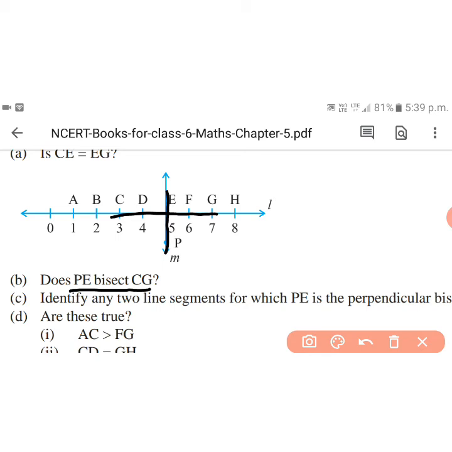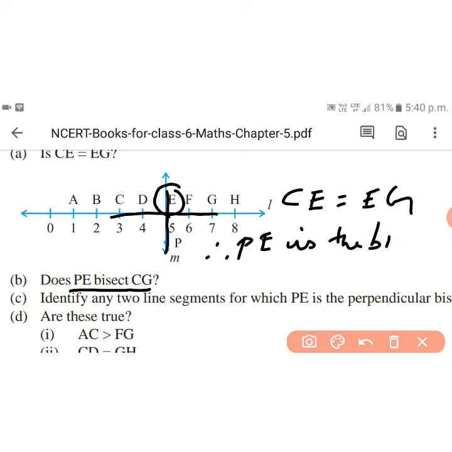PE and CG intersect at the point E. CE equal to EG. Therefore, PE is a bisector of CG.